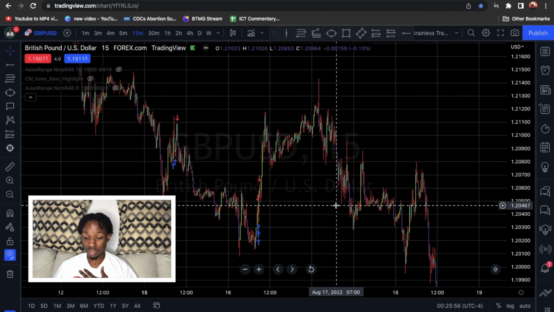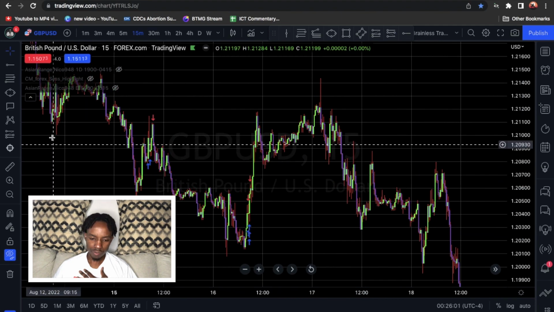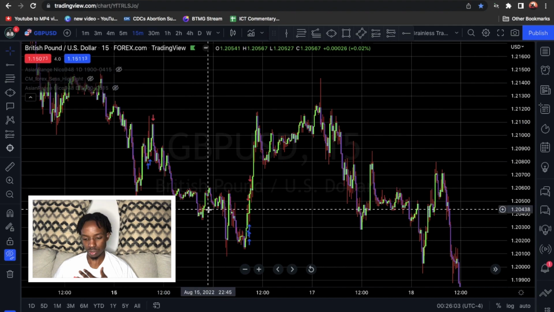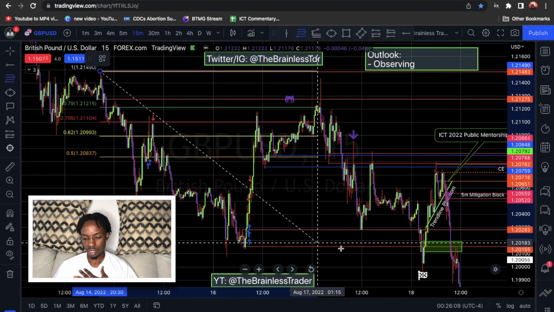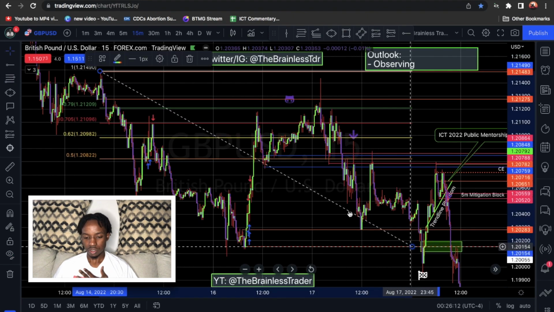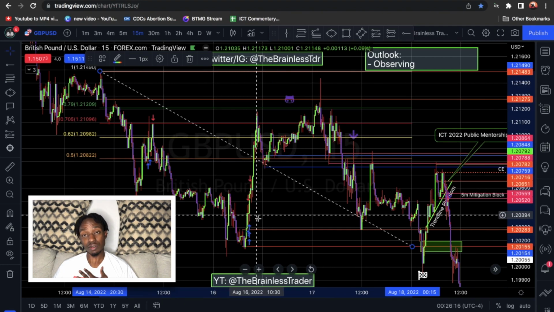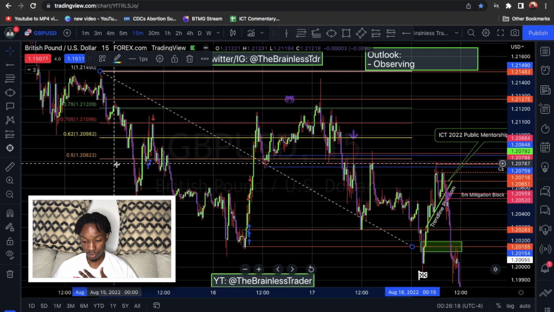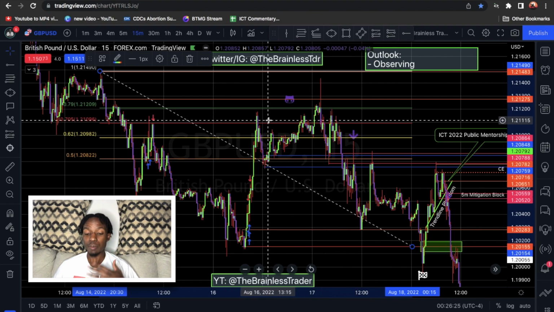ICT likes to break things down by looking at a most recent high and most recent low. If we look at this area, this fib area above 50% is, if we are in a downtrend, a premium, meaning that is a setup for sells. It's an opportunity for traders to get into the market looking for sells.